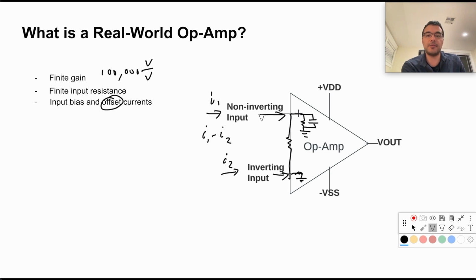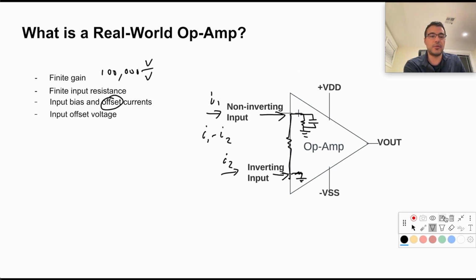And this can have really interesting symptoms in negative feedback circuits. The problem with having a high input bias current is that it can cause a voltage drop across external resistive components, causing your circuit to behave weirdly because V equals IR. If you have I, then you're going to have a voltage drop.